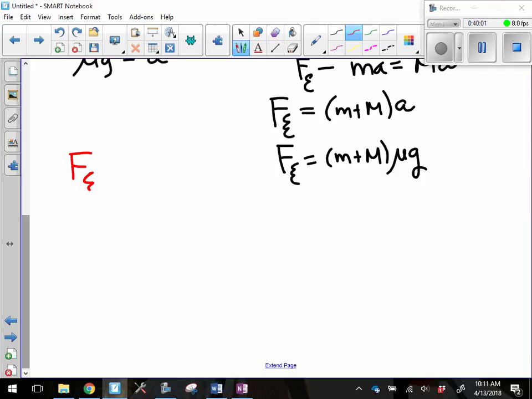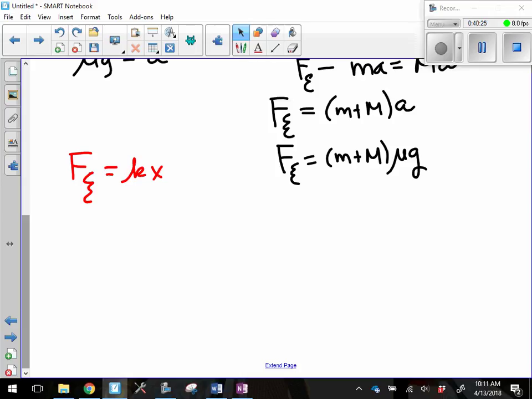Well, F spring is equal to kx. Is k going to change? No. Is x going to change? Yeah, because that's the length my spring is stretched or compressed. So what's the biggest x value I'm going to have? Xm, the amplitude.